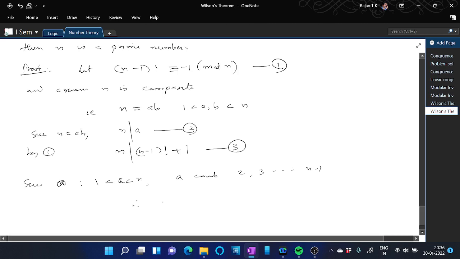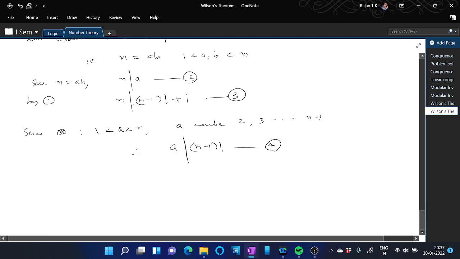And therefore, A divides n minus 1 factorial, because n minus 1 factorial is the product of the integers 1, 2, 3, etc. up to n minus 1. So A is a number between 1 and n. Therefore, A can be 2, 3 or n minus 1. Therefore, A divides n minus 1 factorial.